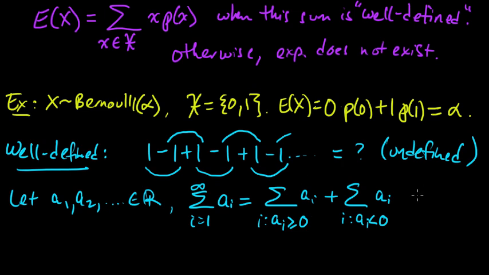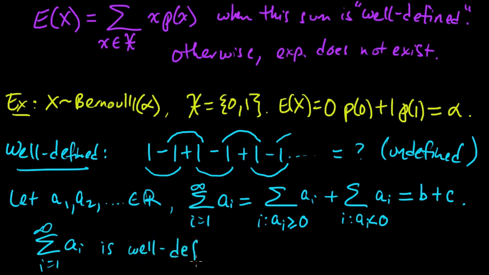Let's call the first one b and the second one c. And we will say that this sum is well defined if either b or c is finite.